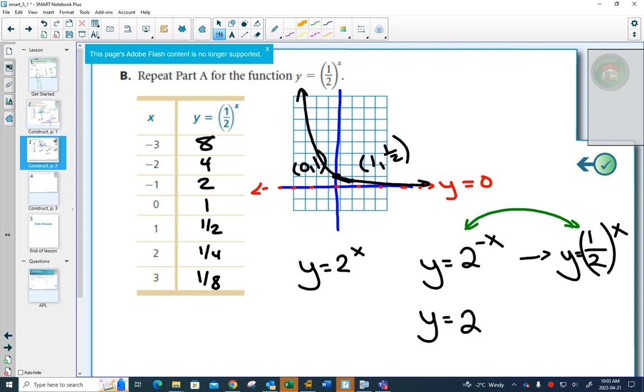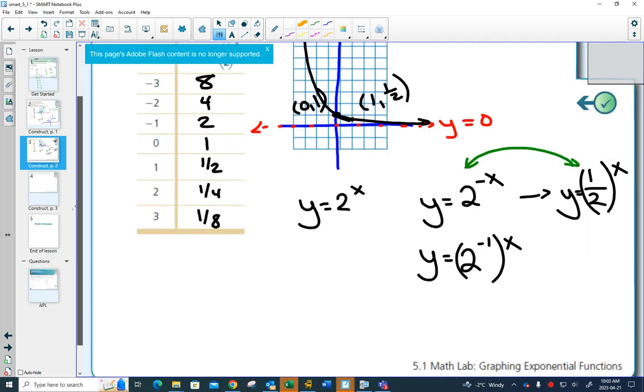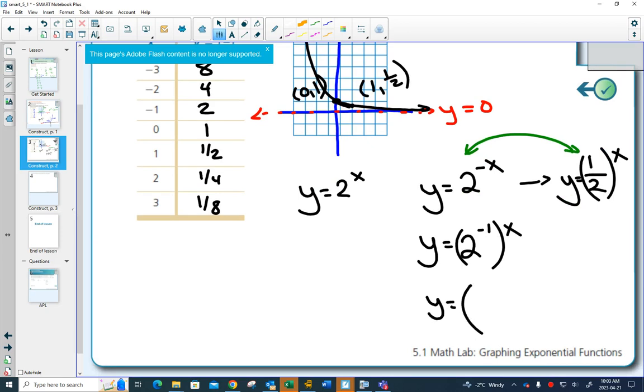I can say, well, this is the same as 2 to the negative 1 times x. And a negative exponent is the same as putting that in your denominator. So we can see that 1 half to the x is the same as 2 to the negative x. That 2 to the negative x is connected to our transformations unit in that that would be a horizontal reflection.